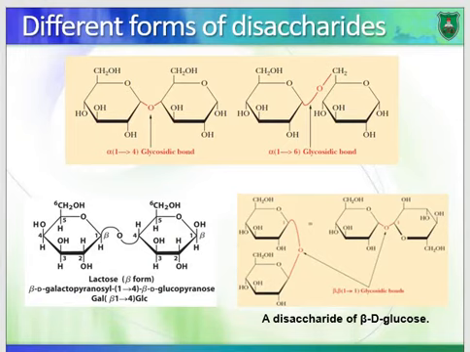So we have different forms of disaccharides. We have an alpha 1,4 linkage that we've seen, for example, between these 2 glucose residues in maltose. We're going to see other examples later on with alpha 1,6 linkage, as you can see in here, a glycosidic bond type. We've seen the beta 1,4 linkage in lactose, the only disaccharide with a beta linkage, as you can see in here.